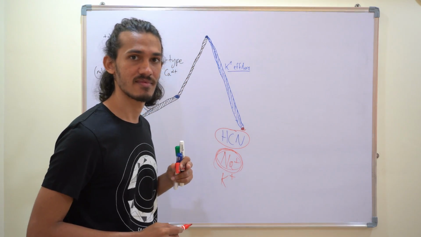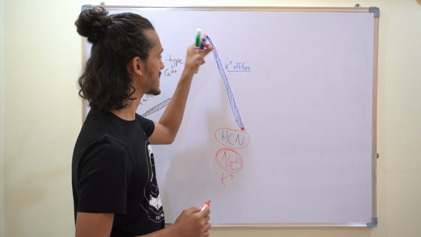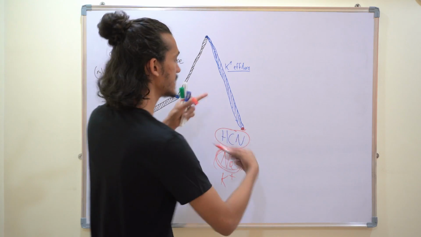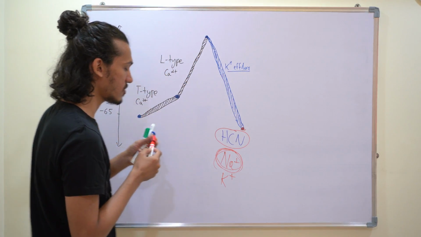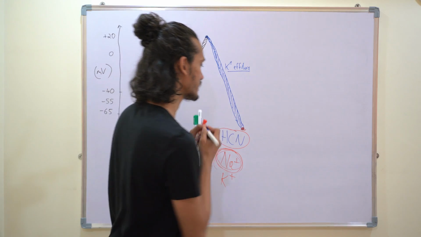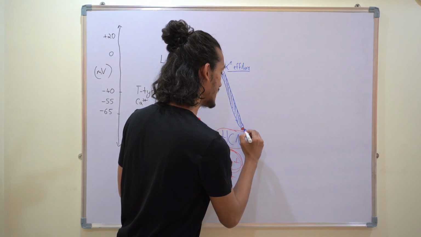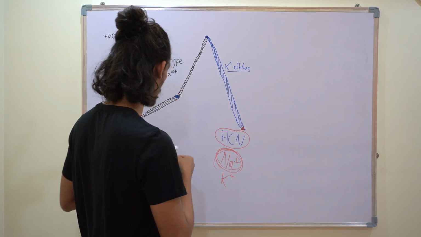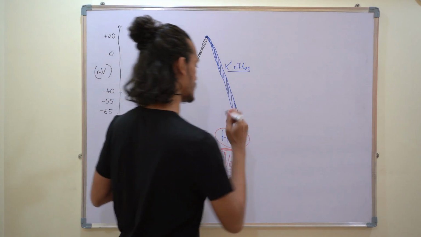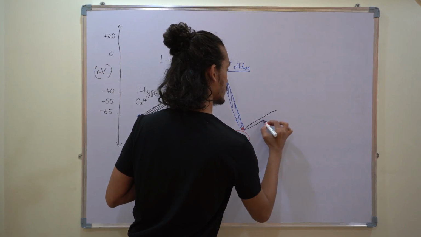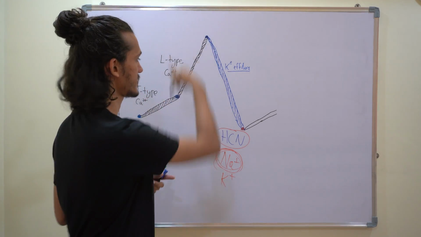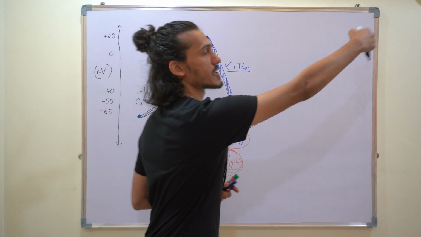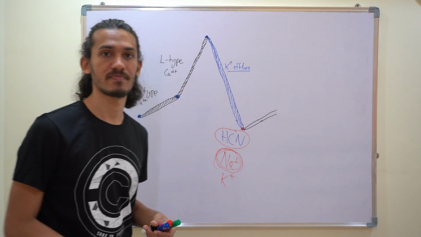depolarization wave, right? So automatically once it reaches hyperpolarization, it goes into the next depolarization wave, whereby it is going to now activate your T-type calcium channels, and after that again the L-type calcium channels. So it keeps going on in this manner.